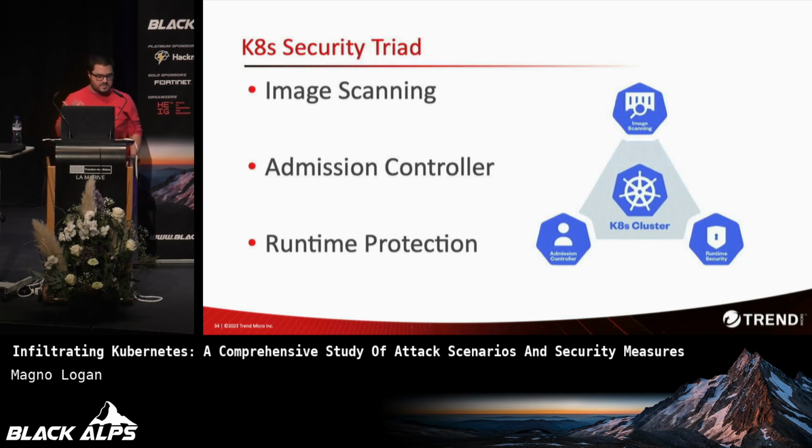We call it drift detection as well, making sure that whatever is running inside the cluster is the same as what was defined in the image. There's nothing else that was changed and nothing else that was installed, such as packages or updates performed after the container is running. A famous runtime protection tool for containers is called Falco. It's also from the CNCF, but you can leverage enterprise solutions as well if you want.